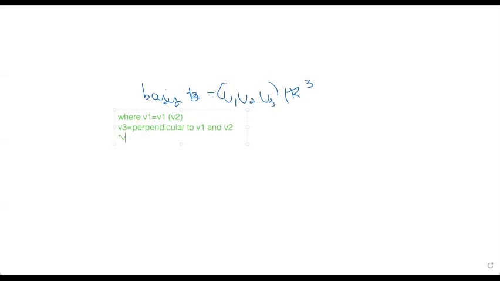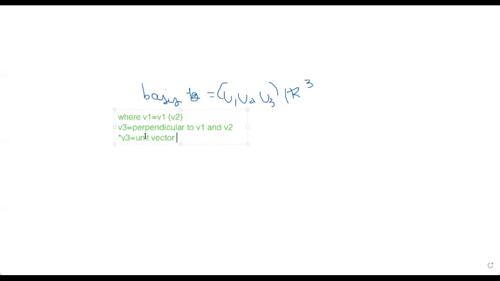That also means that you can say that V3 is a unit vector because of just facts about the cross product. But that's not incredibly important. What is important is drawing an image here.